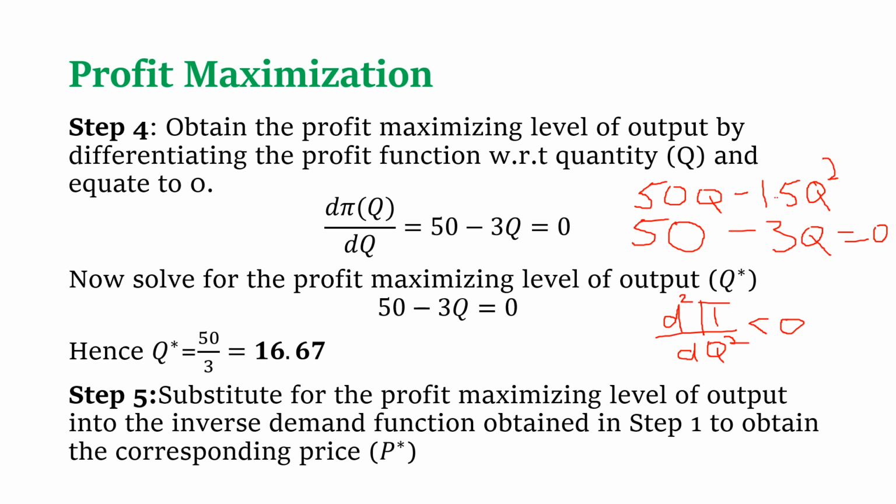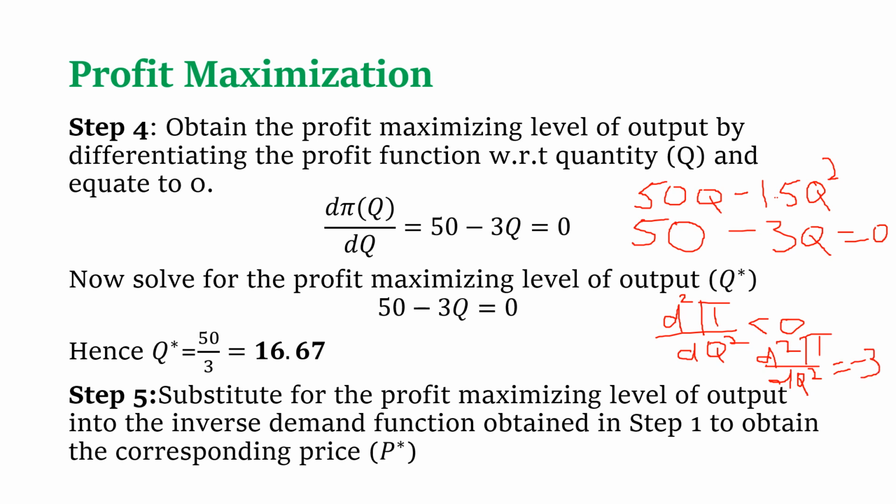The power there is 1. 1 times minus 3 is minus 3, right? So it is minus 3, and then q to the 1 minus 1, 1 minus 1 is 0, right? q to the 0 is 1. So it becomes d squared pi over dq squared, and that is equal to minus 3.